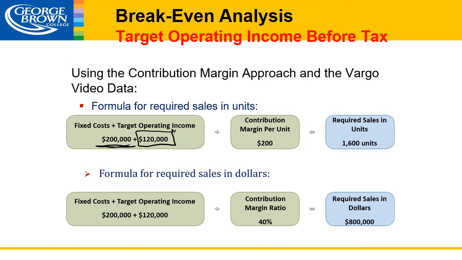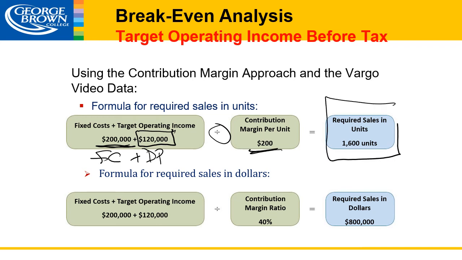Okay, we often call this desired profit. So it's our fixed costs plus our desired profit divided by our contribution margin per unit, and that gives us the required sales in units in order to cover our fixed costs and make a certain amount of operating income.